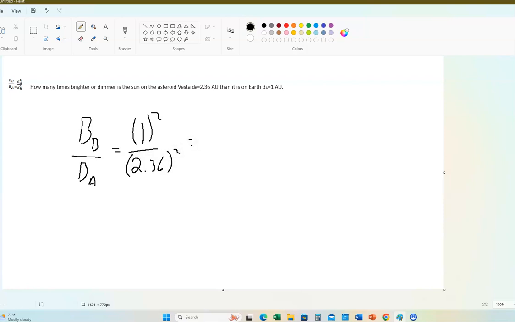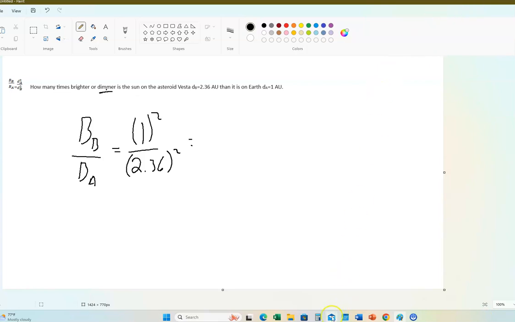Right away, if the distance is further than the Earth, then it's going to be dimmer, so you already know that's going to be the right answer. Let's see how much dimmer it is.